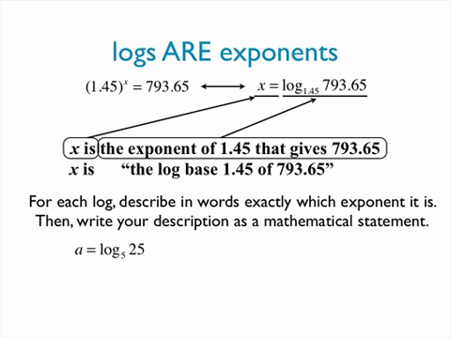And based on that phrase that you say, rewrite it without using a log. Okay? So, go. Find a partner. What exponent is it? I'm not asking for a number, so I'm not asking for an answer. I'm asking for a phrase that describes what exponent that is. And then based on that phrase, can you rewrite it without the log? Okay? Go. See if you can do it.